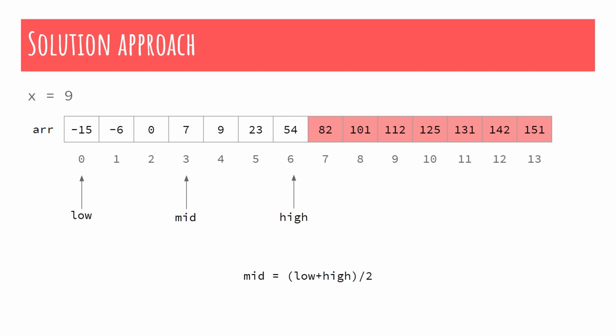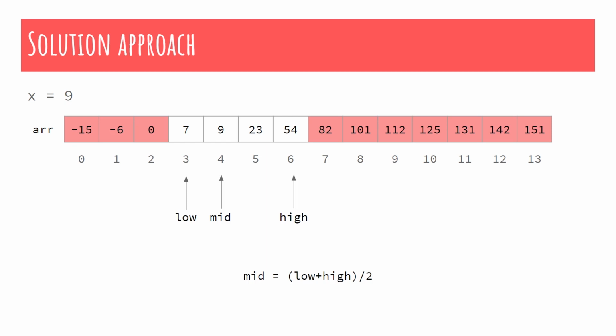Again, we are going to compare our x value with the array of mid. As you can see, 9 is greater than 7, which indicates that 9 lies somewhere beyond the index 3 and within the index 6. We are going to eliminate the first half of the current array we have considered. So, at first I am moving my low to the previous middle position, and now I am going to recompute my middle.